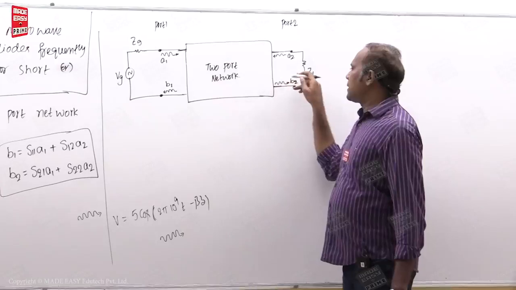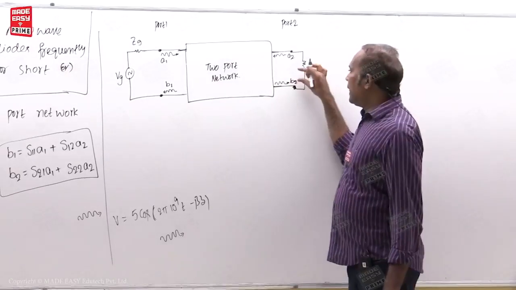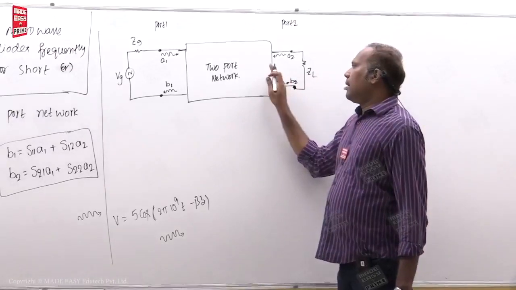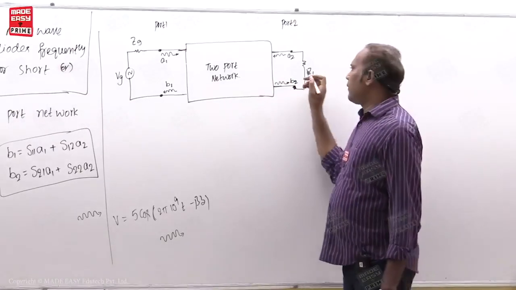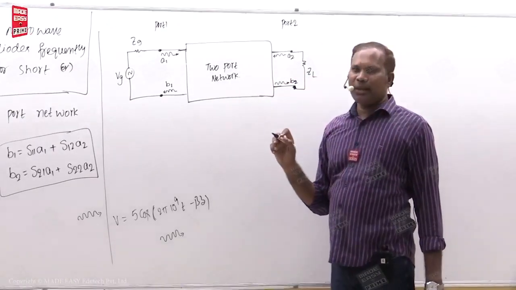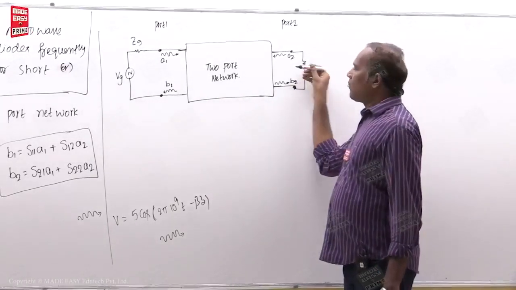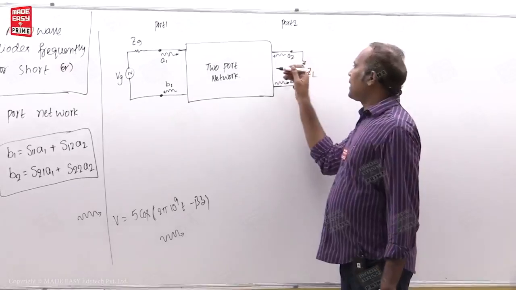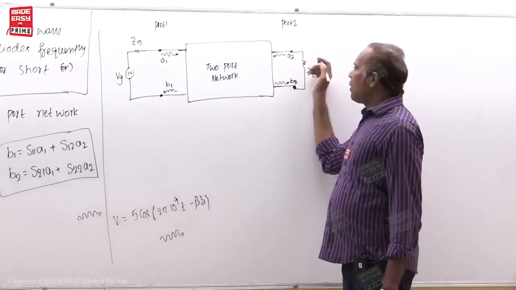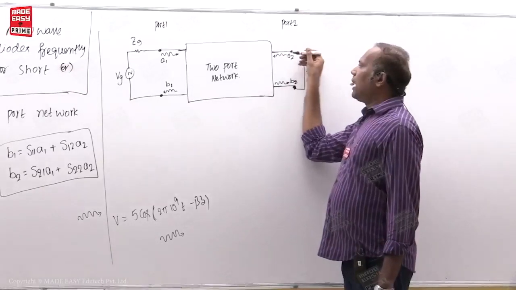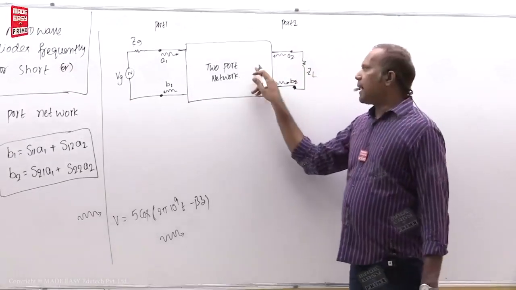Now again, if there is a mismatch here, with ZL and let us say the output impedance is ZO, then the reflection coefficient is ZL minus ZO by ZL plus ZO, which is not 0. Then again something is reflected from here. So if something is reflected because of the mismatch at the load, it freshly enters as an incident wave at port 2.